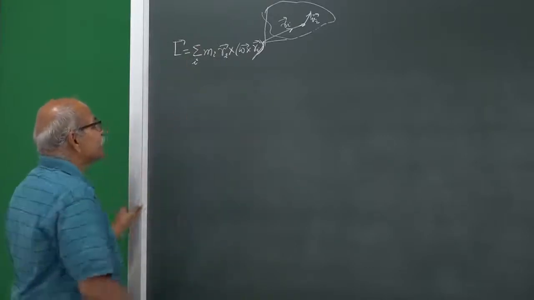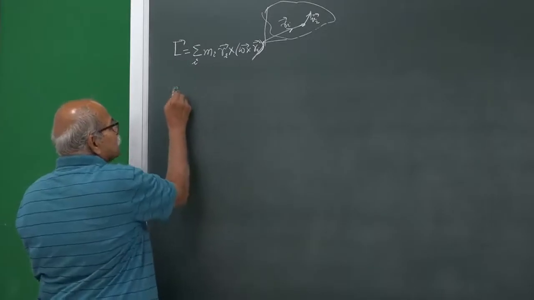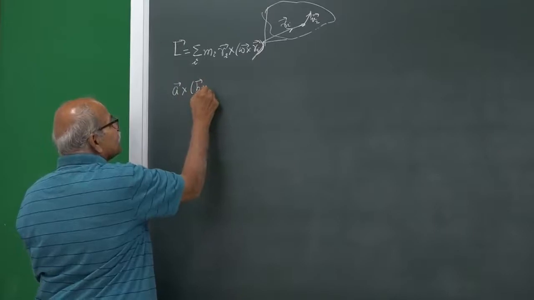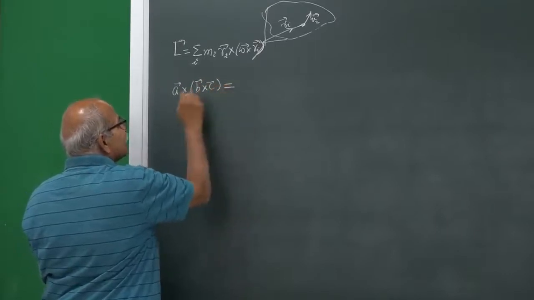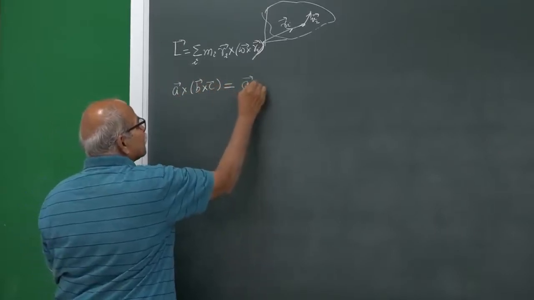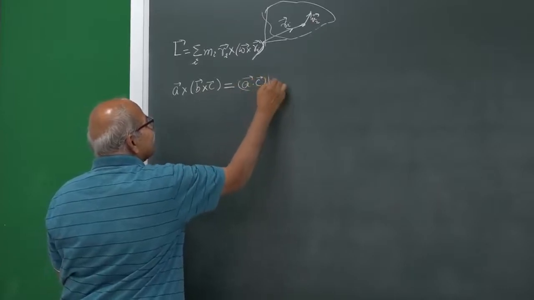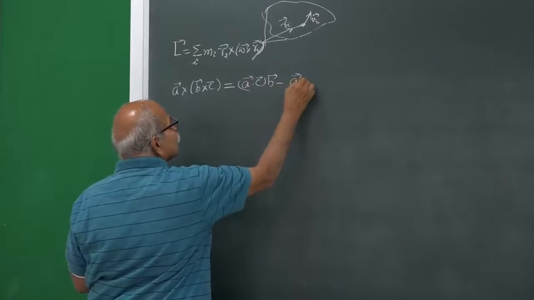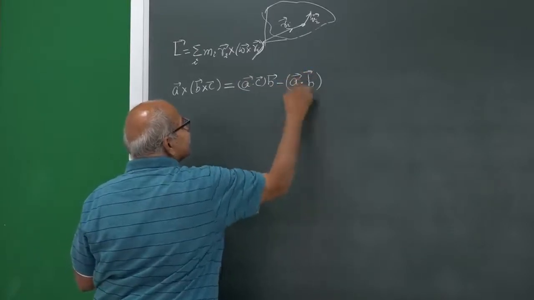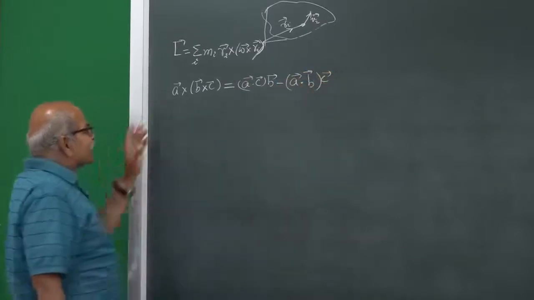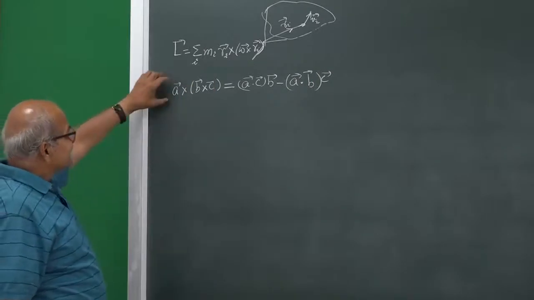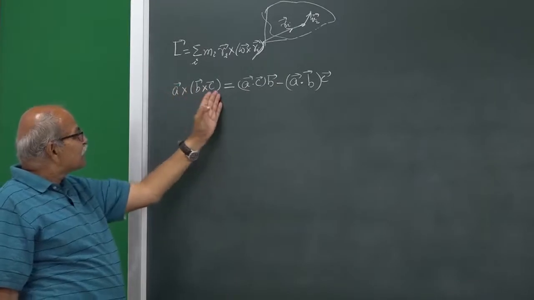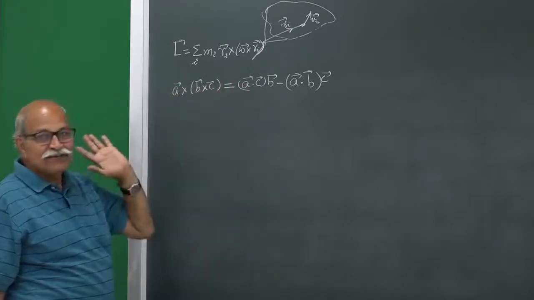Now, you must be knowing this, that A cross B cross C is equal to A dot C times B vector, minus A dot B times C vector. This is a standard result you can work out; any three vectors you take, and in this fashion you do the cross products, it is equal to this.